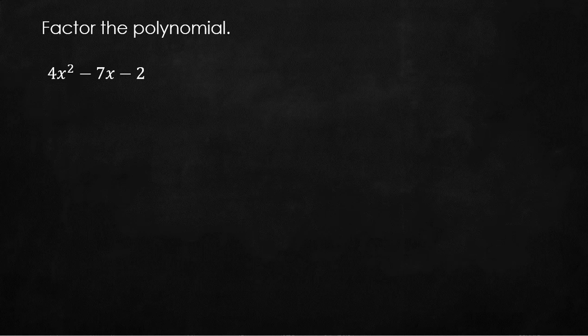If I can take this, my strategy is to transform this where we have a coefficient in front that is equal to 1. And if we can do that, it becomes a more familiar problem. So the first thing I'm going to do is take this value and move it to the end.